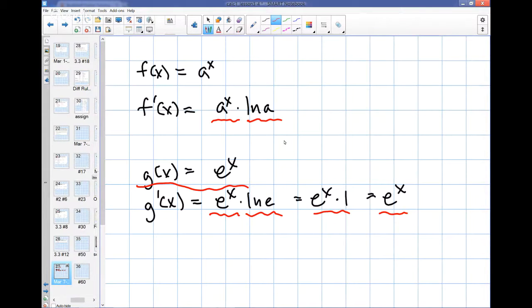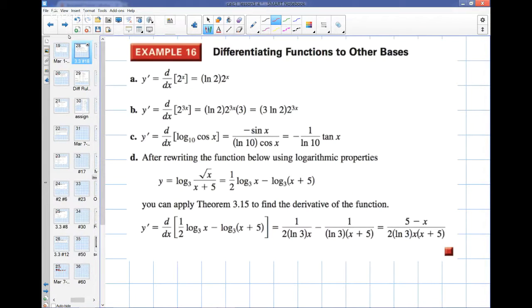But looking at it from this wider view up on the top, now we can take the derivative of any exponential number. And there's an example in the book that shows this. Look at the very first example there, a.